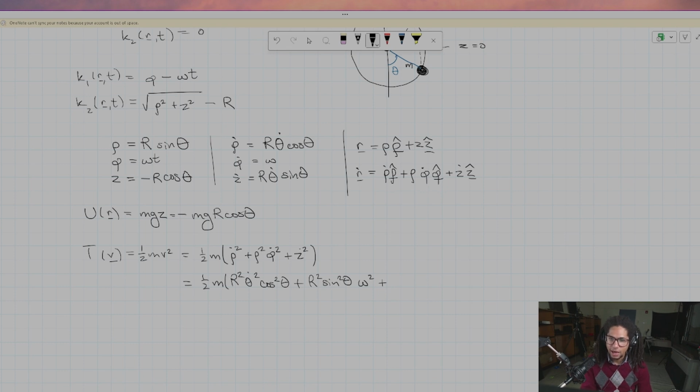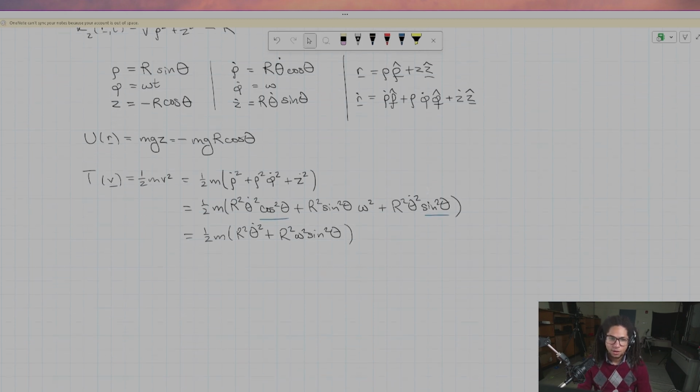And then lastly, I have plus z dot squared, which is r squared theta dot squared sine squared theta. And for good measure, let's use our Pythagorean identity on these two terms. So we get 1/2 m r squared theta dot squared plus r squared omega squared sine squared of theta.